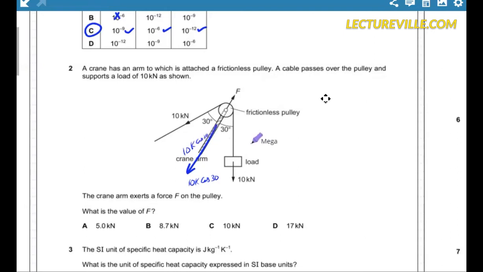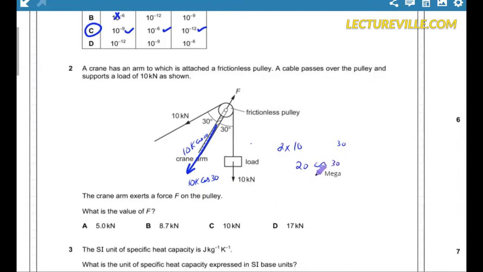So total force will be 2 times 10,000 cos 30. Answers are in kilonewton, so we do not need to convert them into 1000. Let's make it 10. So it will be 20 cos 30.